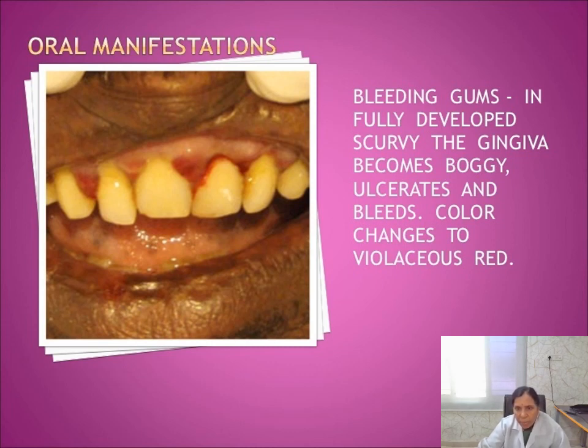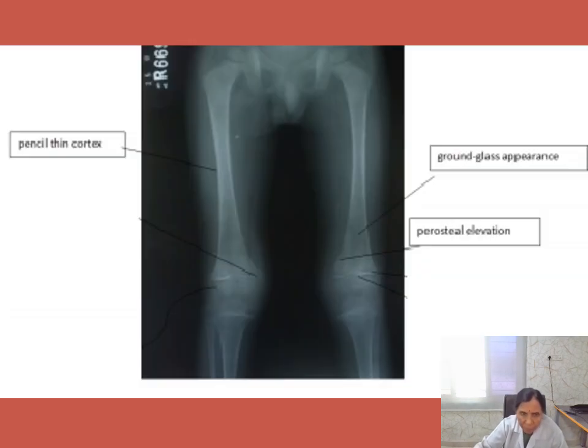The gingiva becomes boggy, ulcerated, and bleeds, with color changes and violaceous hue. See, we see the X-ray of bones, pencil thin cortexes, ground glass appearance, and periosteal elevation also, we can observe.